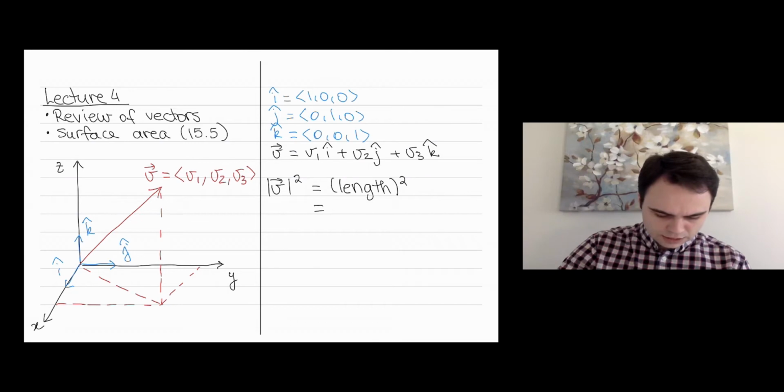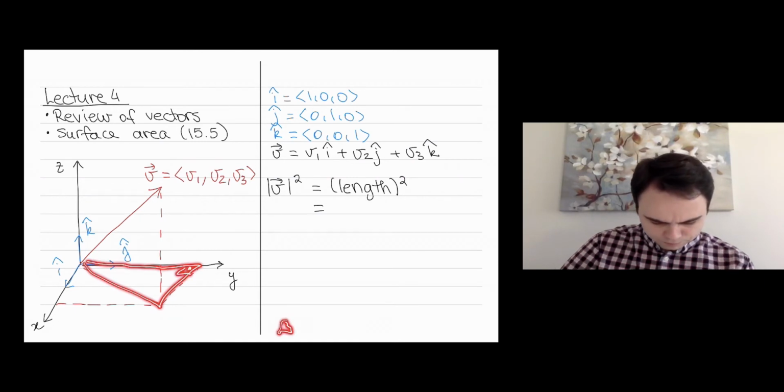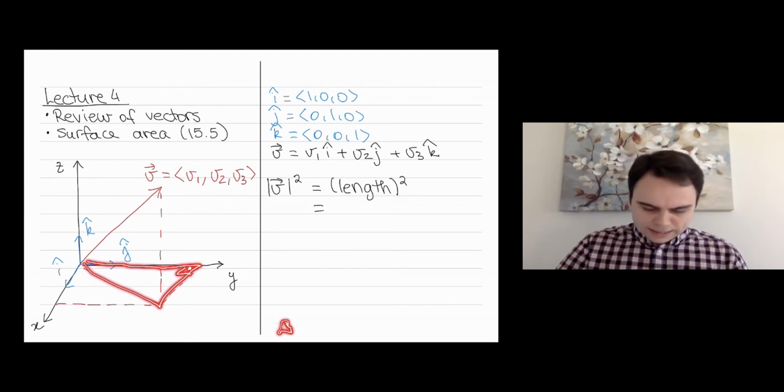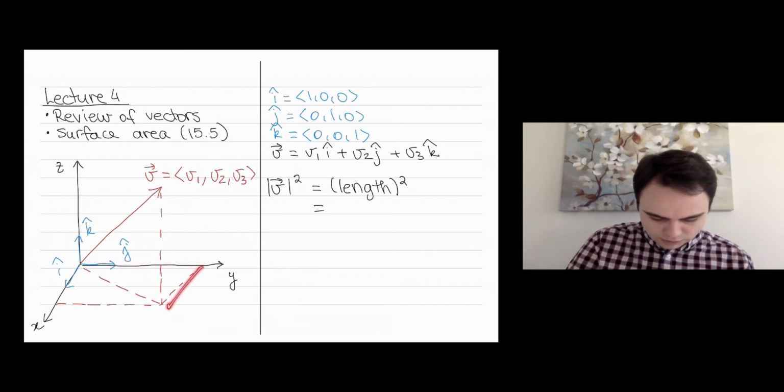Okay, so we need to know this length down here squared. This we can get from Pythagoras' theorem applied to this triangle at the bottom. You see that this triangle at the bottom has sides v1 and v2.